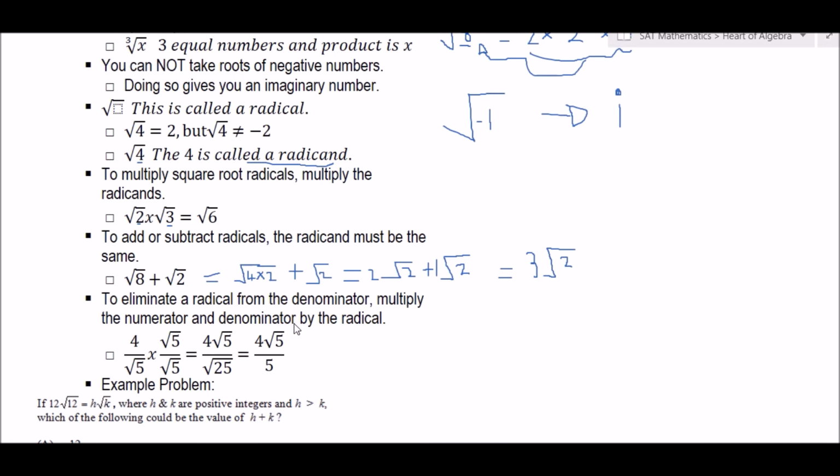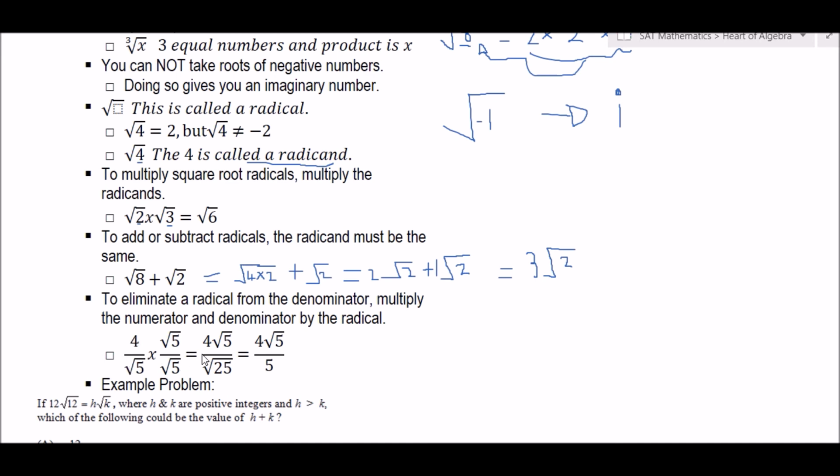Okay, to eliminate a radical from the denominator, multiply the numerator and denominator by the radical. So if you have 4 over the square root of 5, just multiply the numerator and denominator by that radical. So here you do the square root of 5 over the square root of 5, multiplied by 4 over the square root of 5.